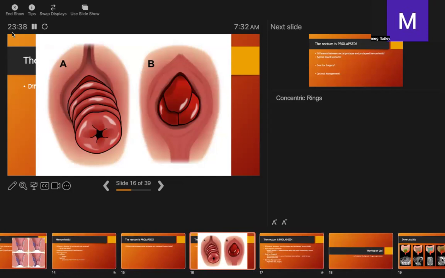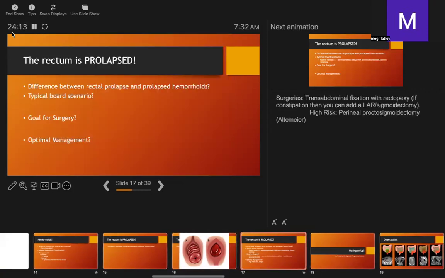Prolapsed hemorrhoids, when severe and non-reducible, usually look like one big blob. There are some separations, but definitely not concentric rings. Trust me, I fell into that when I was a PGY too. I thought I was reducing a prolapsed rectum. It was in fact terrible hemorrhoids. So everyone does it.